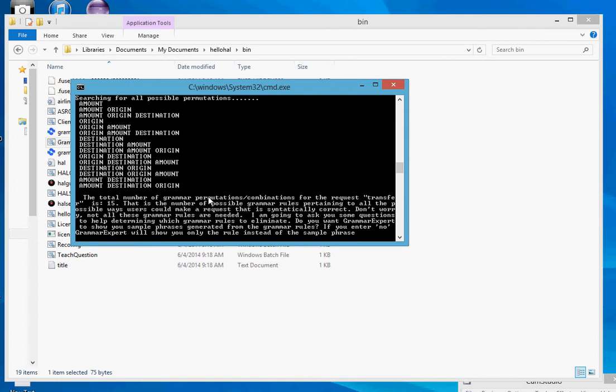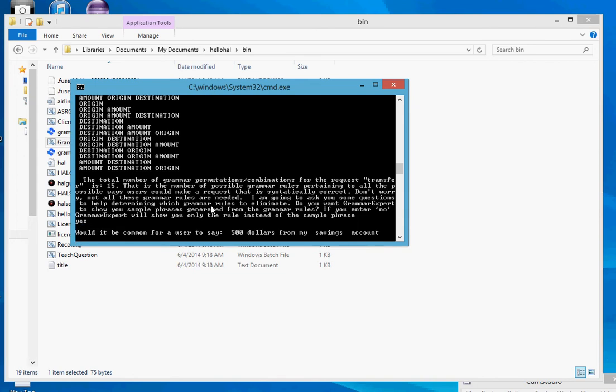We will get into that in another tutorial. For now, it's going to be very illustrative to show those sample phrases that get generated from the different grammar rules, and it's going to help us to determine what rules are good and what rules are not. So we're going to say yes, we want to see sample phrases. Okay, so now it's asking us, would it be common for a user to say $500 from my savings account?